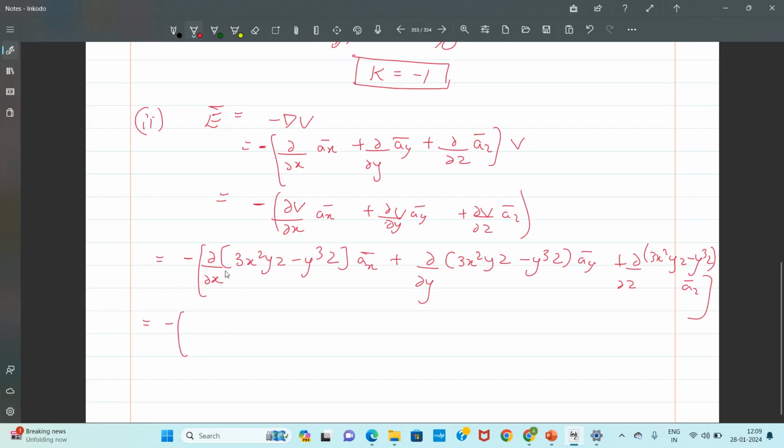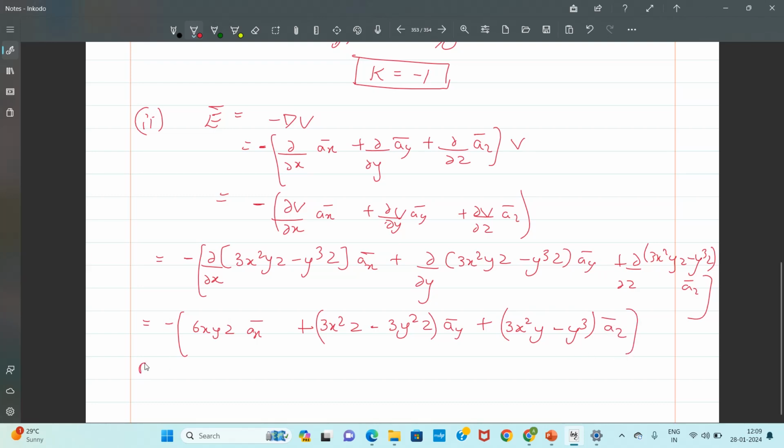So the result will be now differentiate with respect to x once. So this becomes 6xyz. This is 0 ax. And here you have 3x square z minus 3y square z in ay direction, plus for the last term it will be 3x square y minus y cube in az direction.